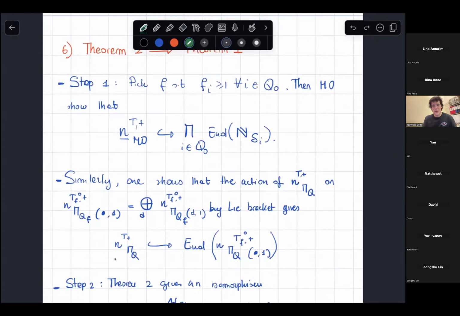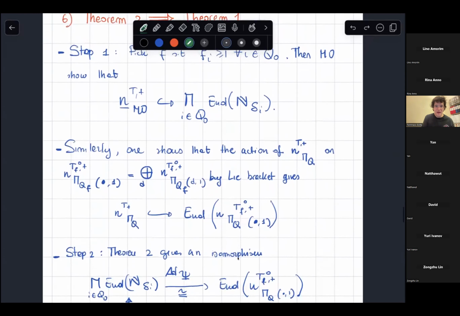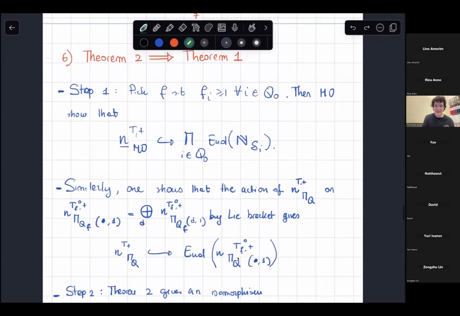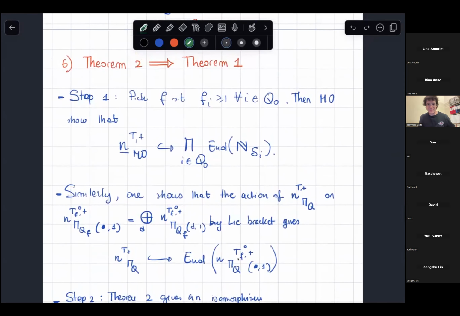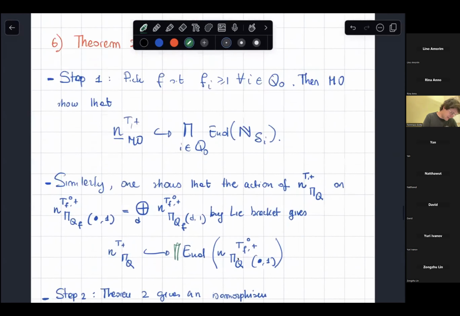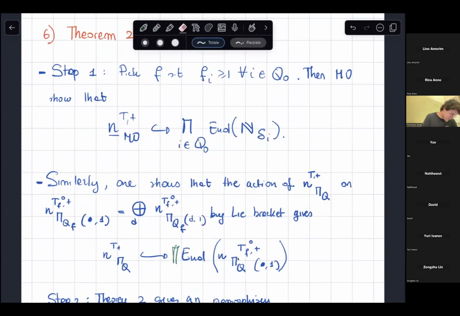And so we show that also this BPS Lie algebra embeds in the endomorphism ring of these... here I guess there's a typo. Luckily my pen is working again. So here I should write embeds in the product for i in Q0 of the endomorphism of T F delta i.